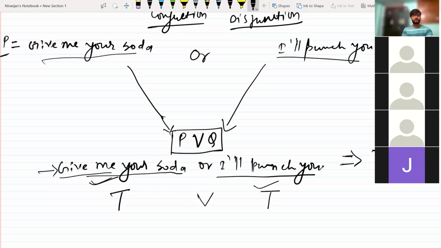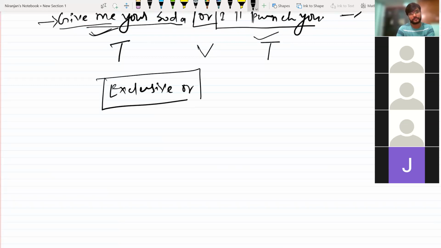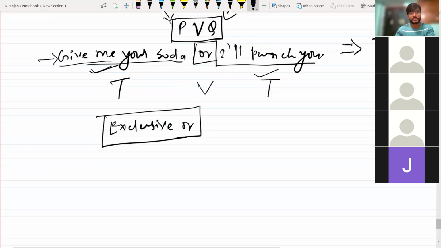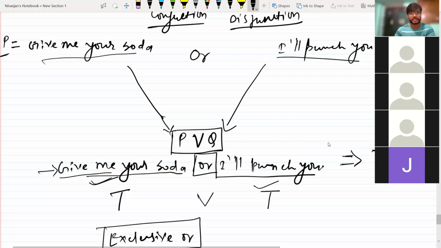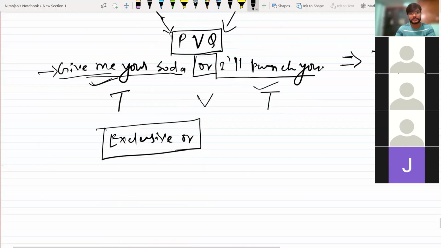So you will say that I used or, which in mathematics is not exclusive or. Always remember that. In mathematics, we do not use exclusive or unless it is specified. So always remember this truth table that I have written here. This is really important.